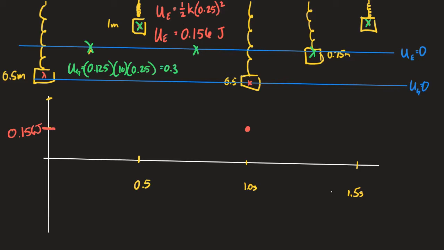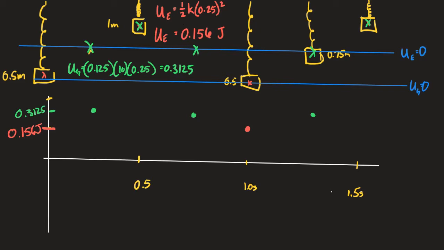What'd you say? 3 what? 325? Okay. So that means I have to put a green dot here, because that's how much energy I would have at these spots. It's more than 0.156, it's 0.3125.